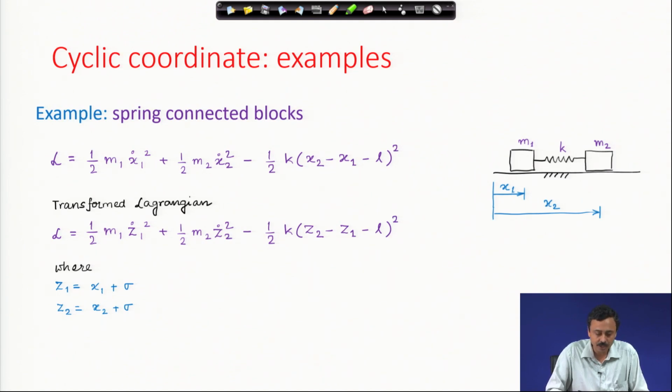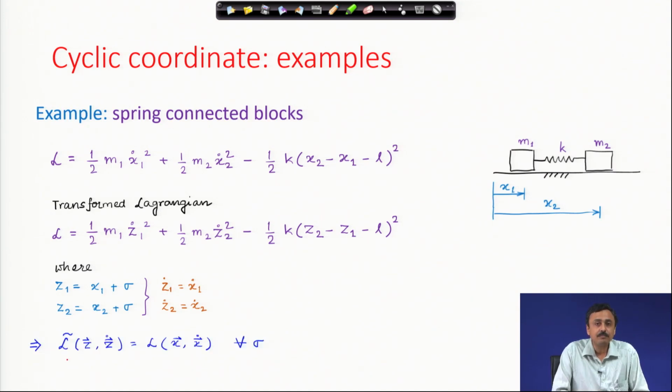Now, if I take the time derivative, I will find x 1 dot as z 1 dot and x 2 dot as z 2 dot, and the new Lagrangian L tilde in the z space, z z dot, is the same as the Lagrangian in the x space.